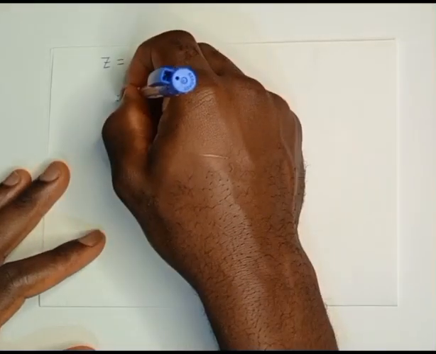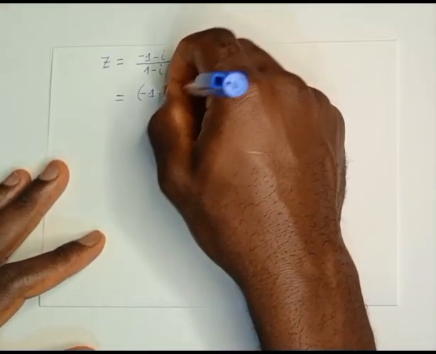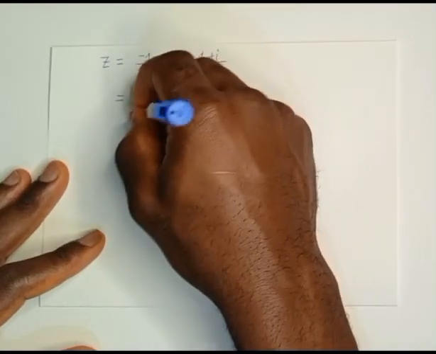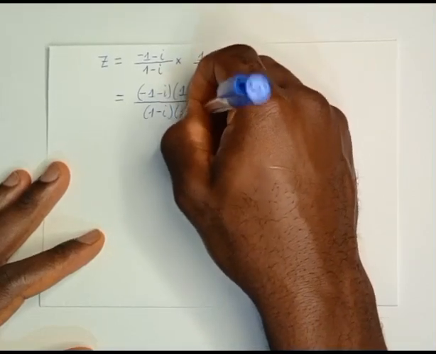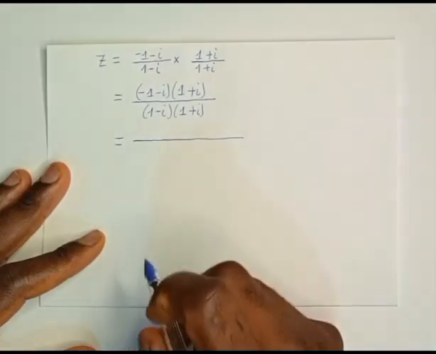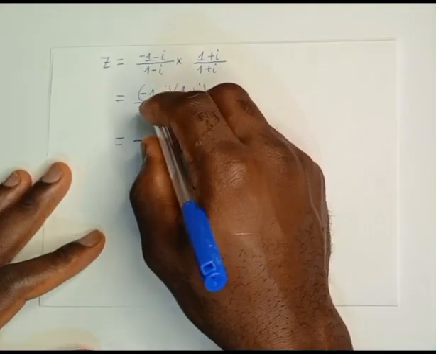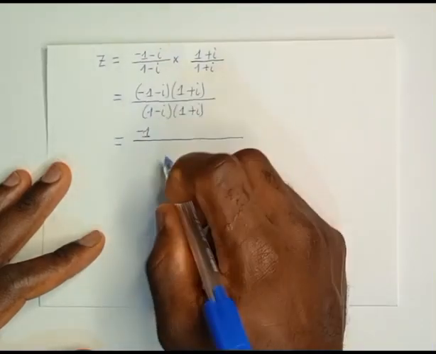This will simply be equal to (negative 1 minus i) in brackets times (1 plus i) all over (1 minus i) times (1 plus i). We expand the numerator: negative 1 times 1 gives us negative 1.